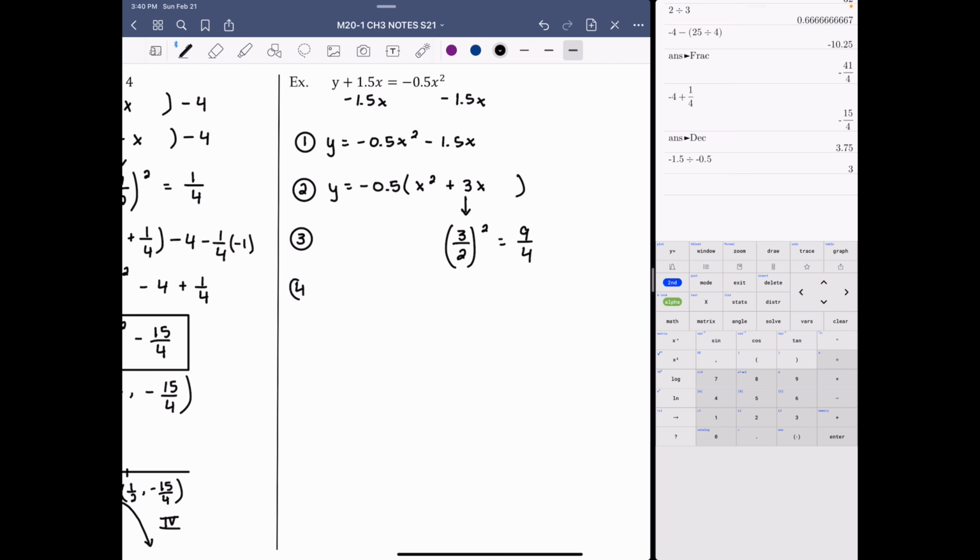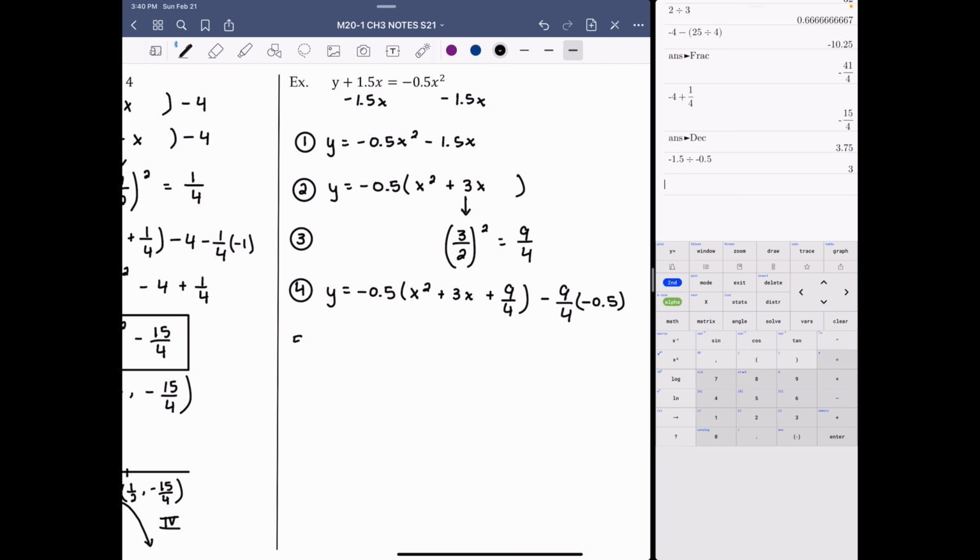Step 4, put that number into the function. y equals negative 0.5, bracket x squared plus 3x plus 9 over 4, close bracket, minus 9 over 4. Remember, because we have a number factored out of the brackets, we need to multiply that number here. So times negative 0.5.